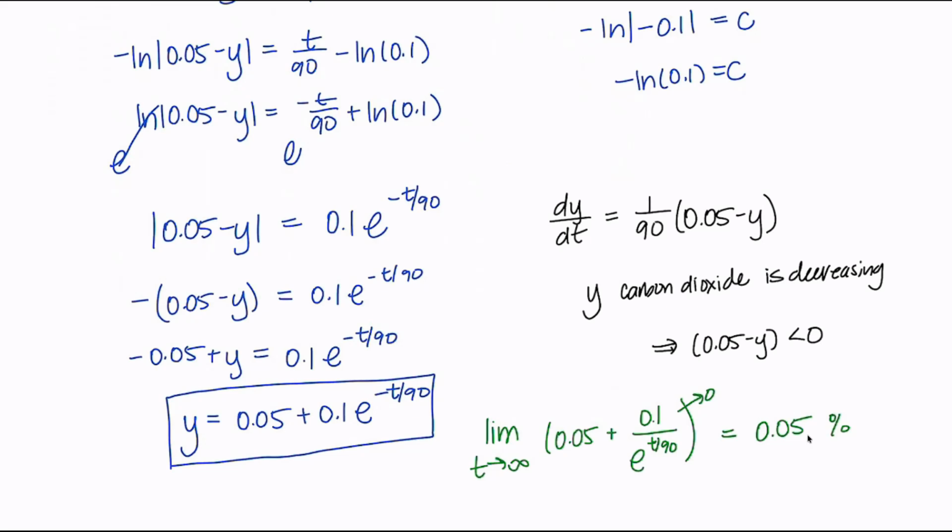So in the long run, yeah, it's going to reach that cleaner air of 0.05. It's not going to get any cleaner than that because we're not pumping in fresh air, but it's going to approach that quality of air that we were pumping in. So that's the answer to the second part, in the long run.